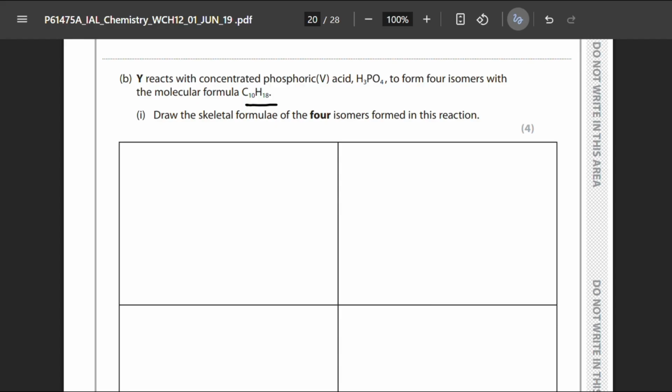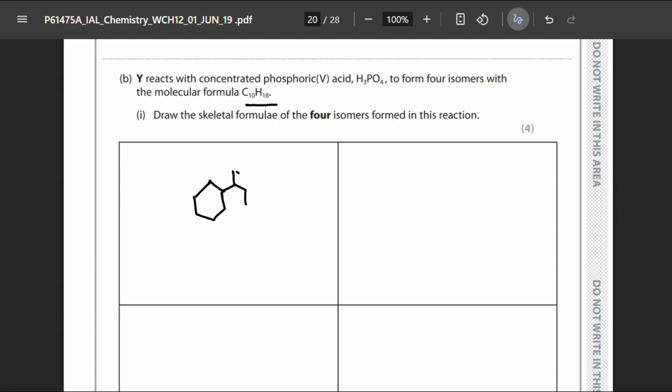Basically, it's an alkene, but the number of hydrogen is not 20, it's 18. So it means it is a cycloalkene because they have 2 less hydrogen than normal alkenes. So the structure must be a cyclic structure, and that must have 10 carbons.